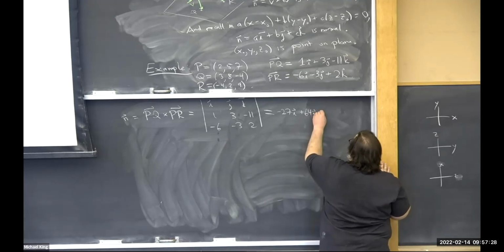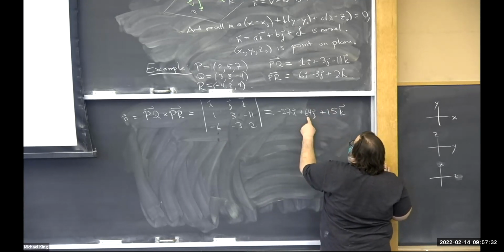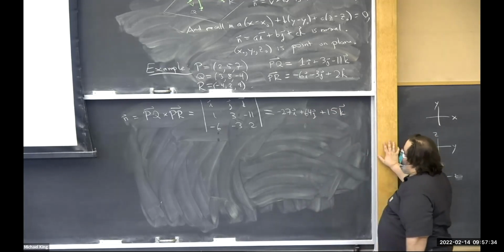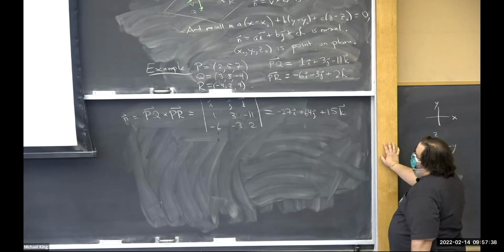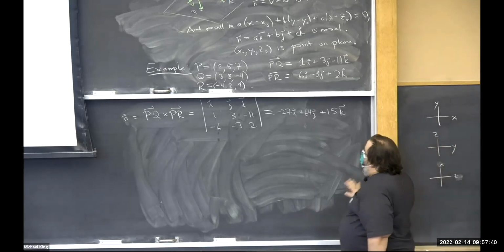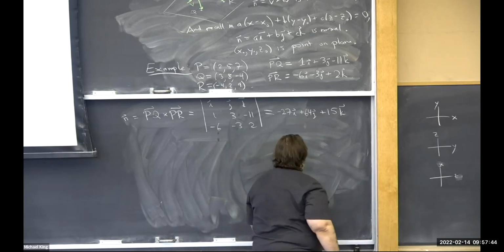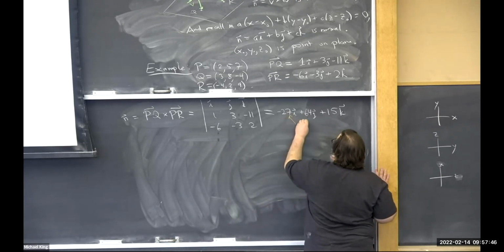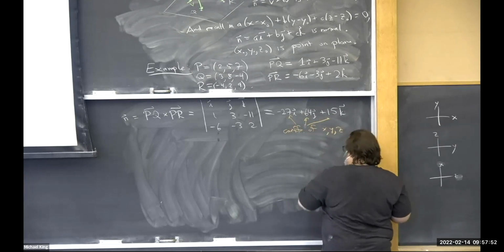So easy to mess these up. Okay. I thought maybe there was something we could simplify, but okay, so that is supposedly our normal vector, right? These are the coefficients of x, y, and z, respectively.